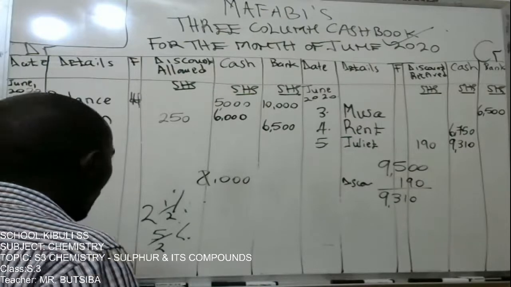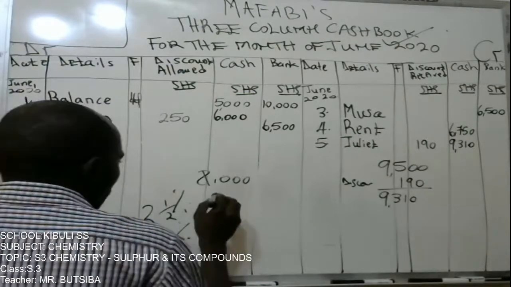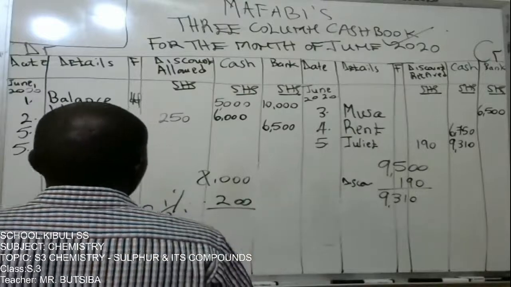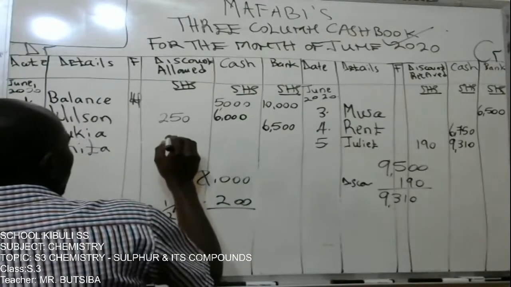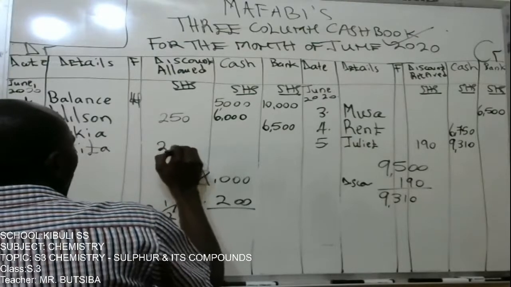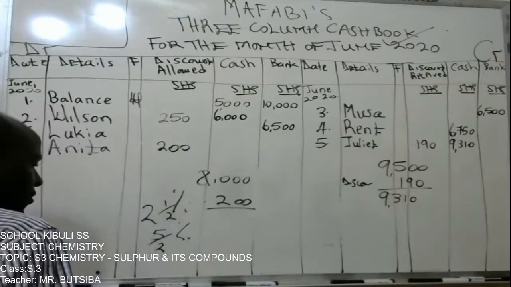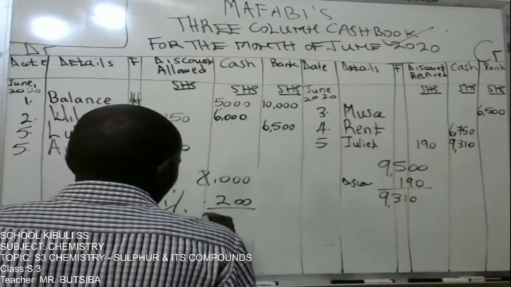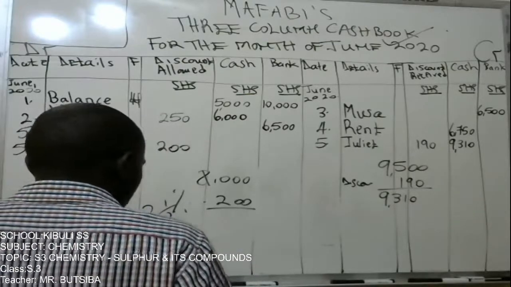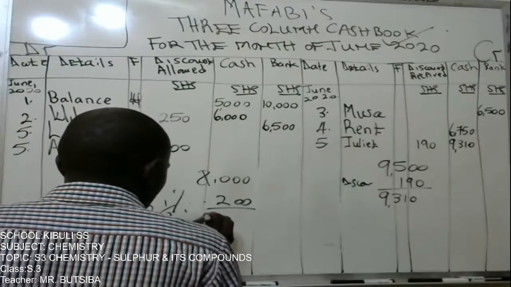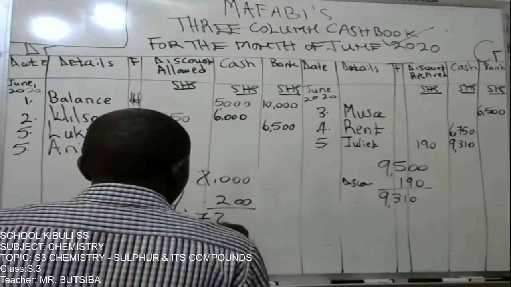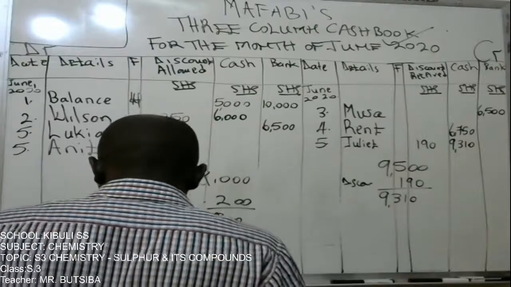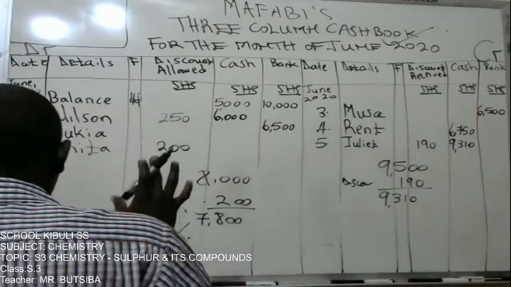So you get how much? You get a discount of 200 shillings. So how much money is Anita going to pay us? Anita will pay us 7,800 shillings.